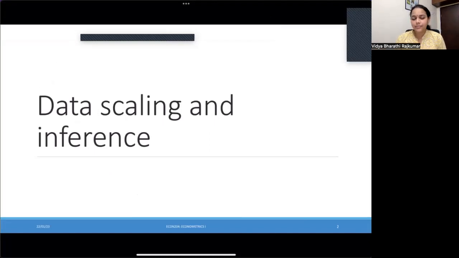What is data scaling? If you take any one or more variables in your data set and rescale that variable by a factor, meaning you multiply or divide it by some constant, then you've effectively rescaled the variable, and this process is called data scaling.